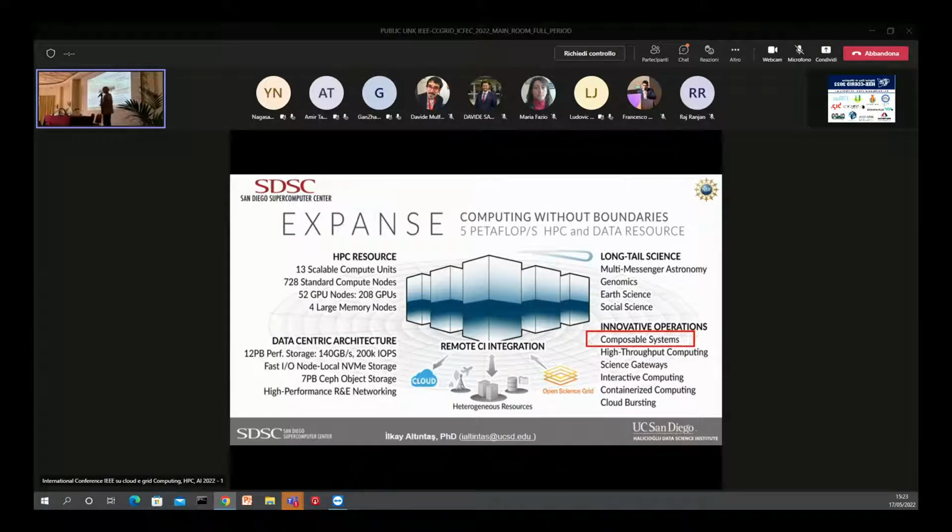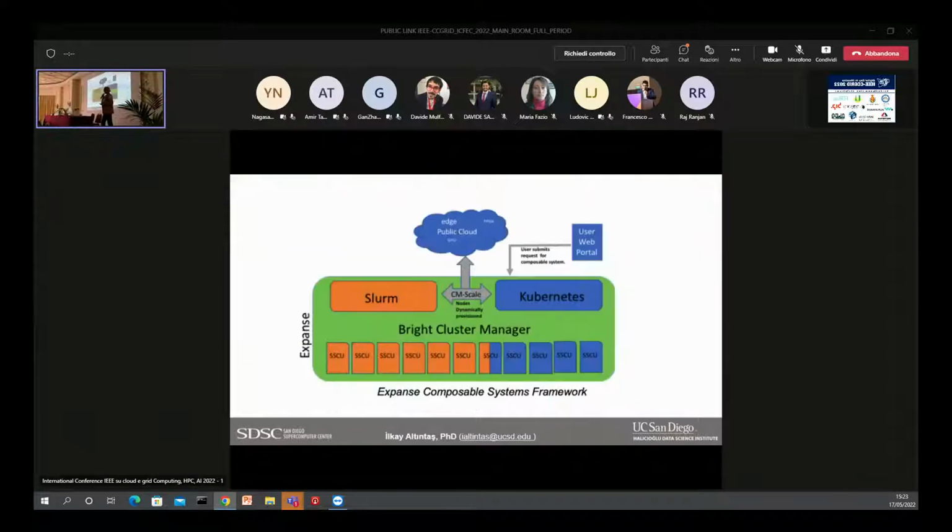And as a part of it, what we also started experimenting with is this composable systems functionality. So this is not Slurm anymore. We are actually reserving a part of this computer to be a Kubernetes cluster. So we have some nodes that become a Kubernetes resource, sort of a pool of nodes.